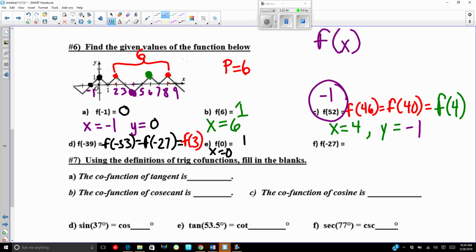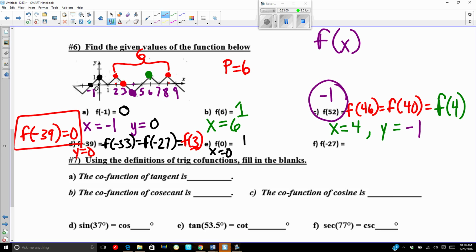You don't have to write all of this stuff with f of negative 33, f of negative 27. I'm just using this to show you. The actual answer is when x is 3. It crosses right there. When x is 3, y equals 0. So f of negative 39, since it repeats itself every 6 units, is 0.